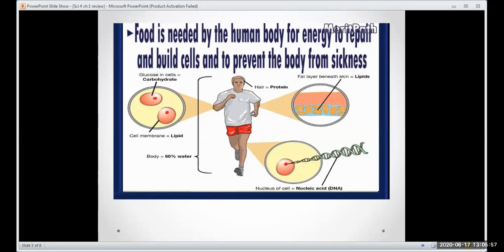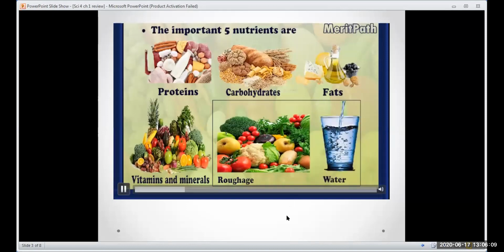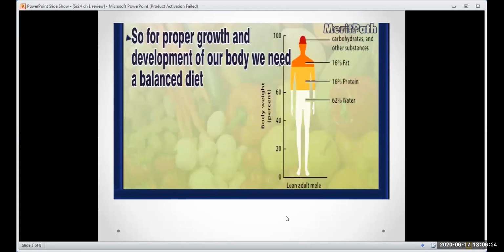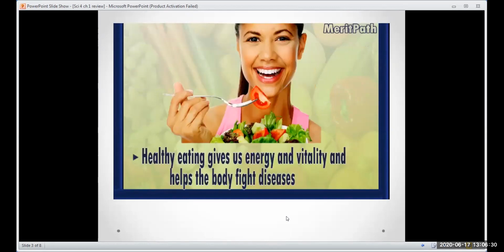The important five nutrients are proteins, carbohydrates, fats, vitamins and minerals, and food also contains roughage and water. A diet which contains all these five nutrients, roughage and water, in the correct amount is a perfect balanced diet. So, for proper growth and development of our body, we need a balanced diet. Healthy eating gives us energy and vitality and helps the body fight diseases. Let us learn about the nutrients.